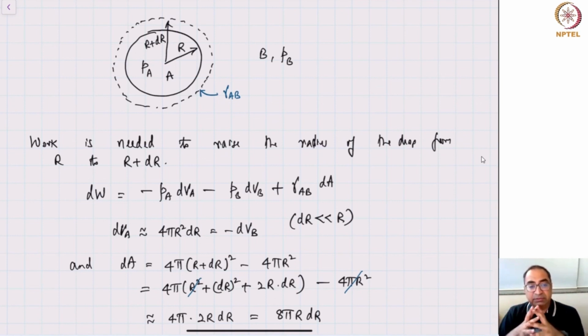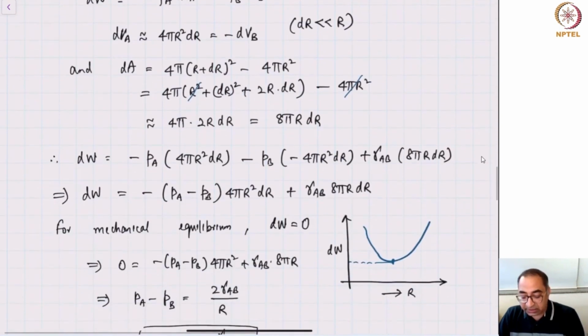Intuitively, we would expect surface tension to minimize the surface area, the surface energy. This connection between surface energy and the minimization process is something that we'll be looking at after a few lectures. In this particular case, what we studied is the amount of work that is needed to change the radius of the droplet.